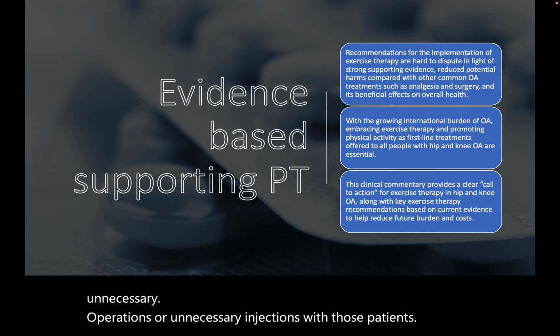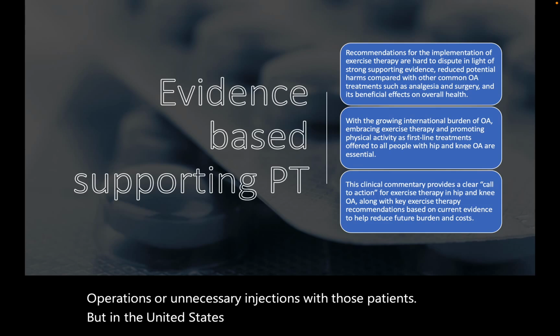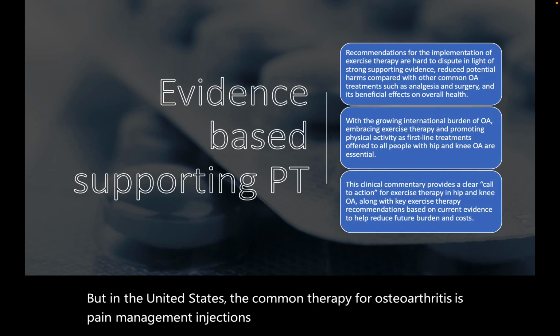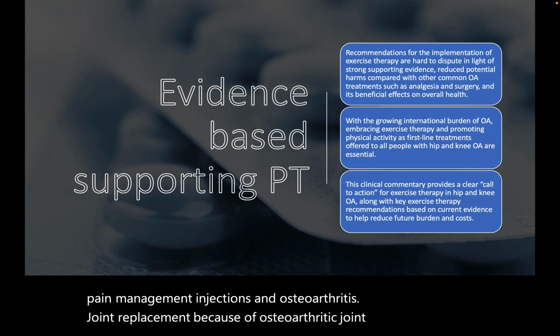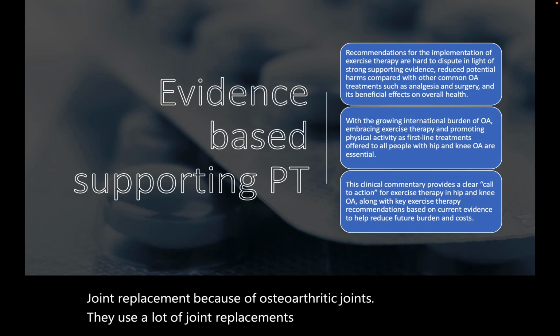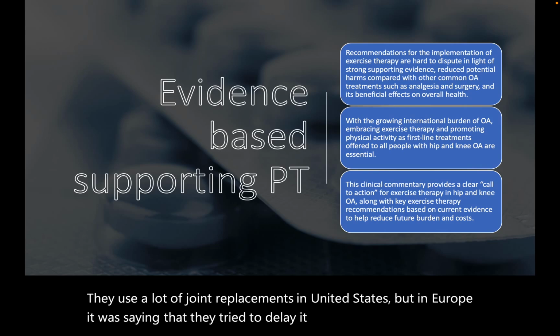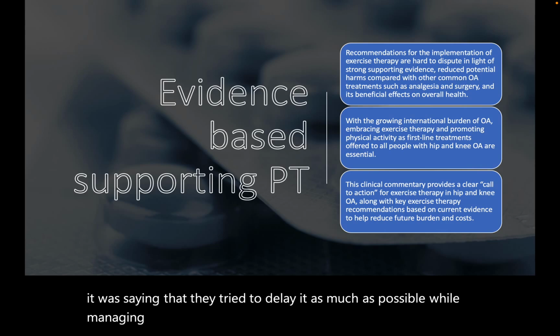But in the United States, the common therapy for osteoarthritis is pain management injections and joint replacement. They use a lot of joint replacements in the United States. But in Europe, they try to delay it as much as possible while managing it with physical therapy.